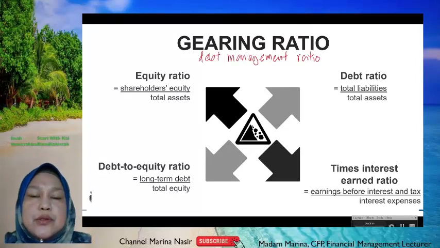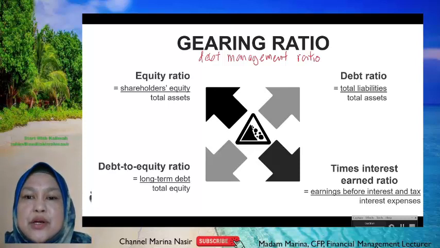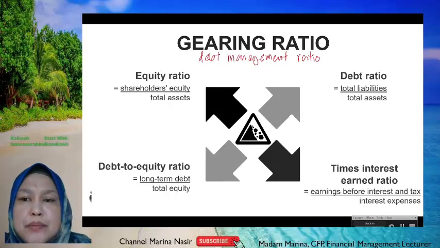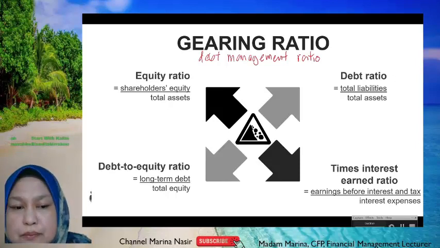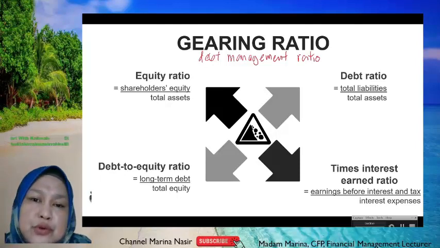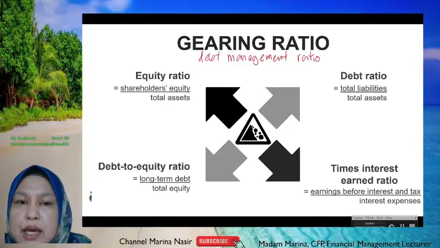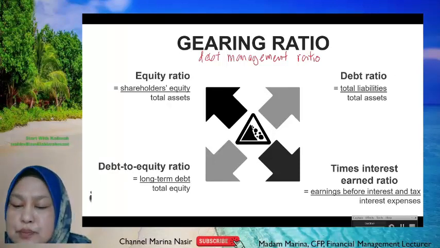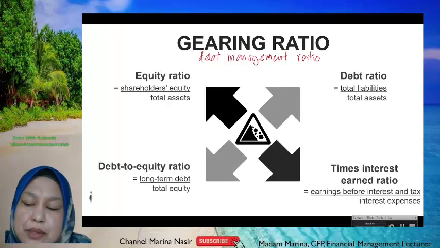Why do we calculate the debt management ratio? Because we want to know the company's debt performance compared to equity and also compared to total asset, and also the company's ability to pay its interest expenses. This is the purpose of calculating the debt management ratio.